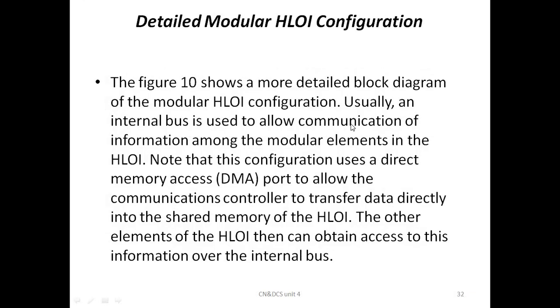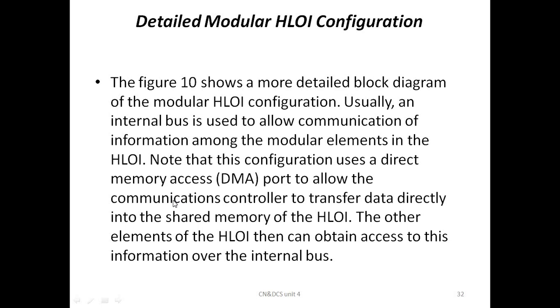Here the detailed modular HLOI configuration shows a more detailed block diagram of the modular HLOI configuration. Usually an internal bus is used to allow communication of information among the modular elements in the HLOI.